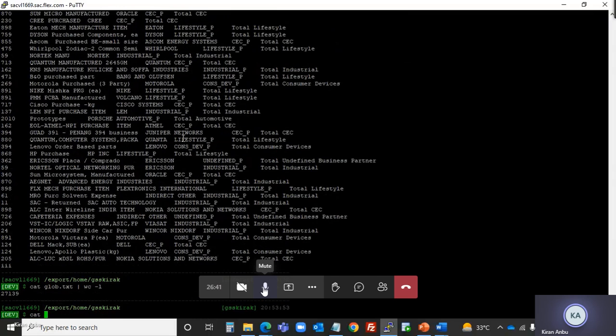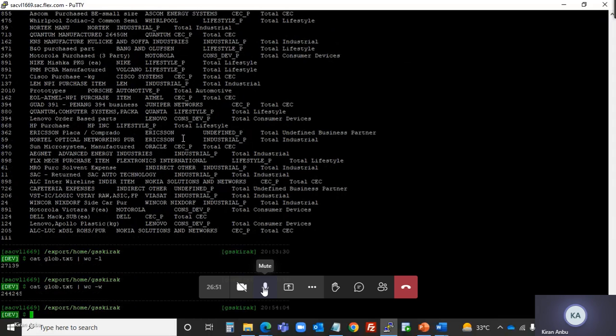This is the command. In word count, I will tell you one more thing also. L means number of lines, and W means number of words in the file.